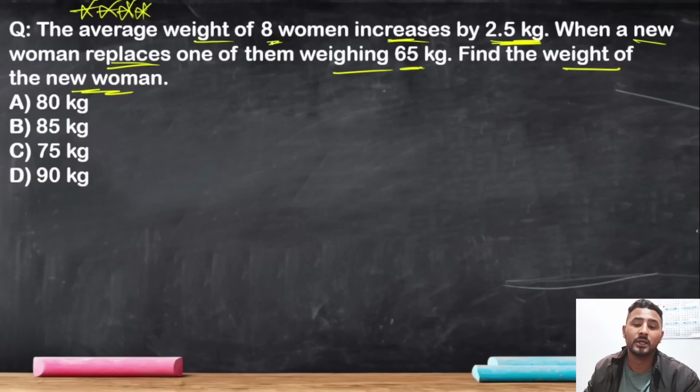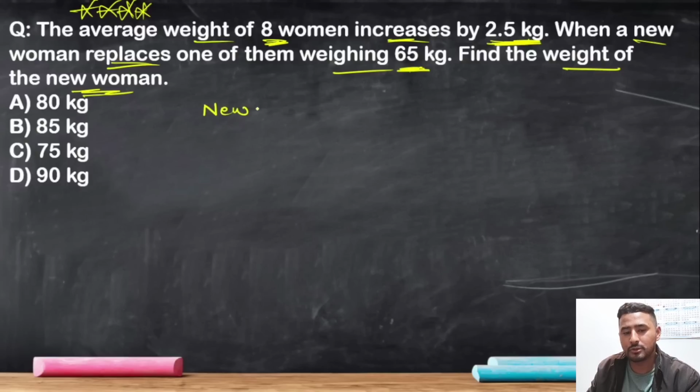If you get this type of question where a number of people are given, the increased average is given, and also the old weight is given, and you have to find the new weight, you should use one formula.